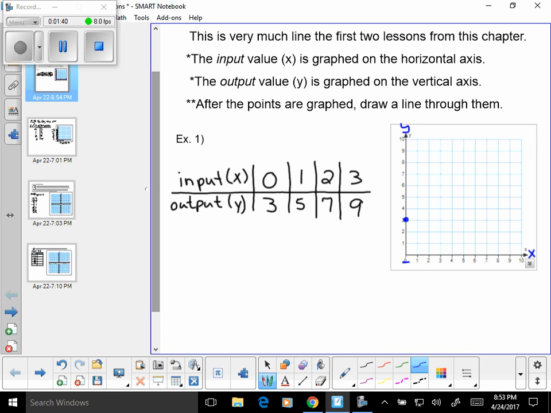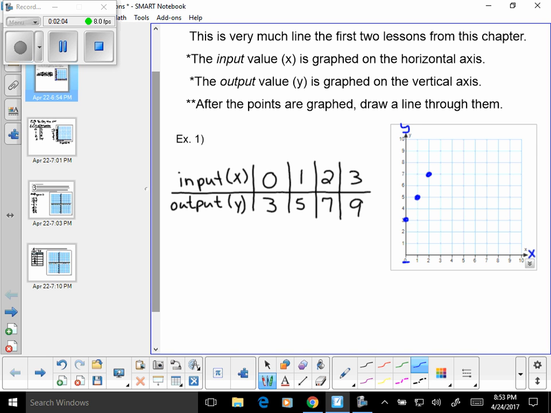For our input of 1, we're going to get a 5. So we're going to go horizontally over to 1, up to 5, and make a dot where those two lines kind of crisscross. It's called the intersection. Then we're going to go to 2 and go up to 7. So over to 2, up to 7, and make a dot.